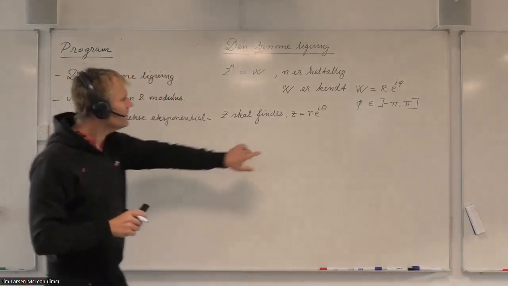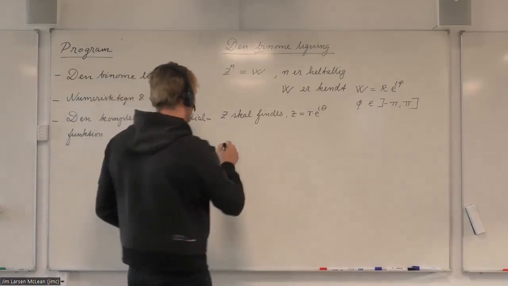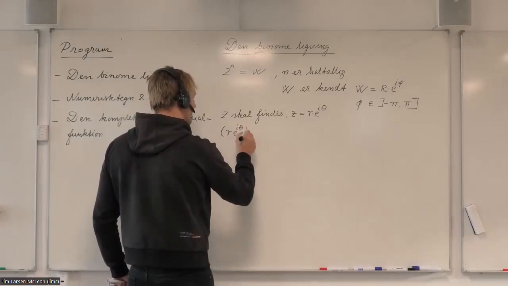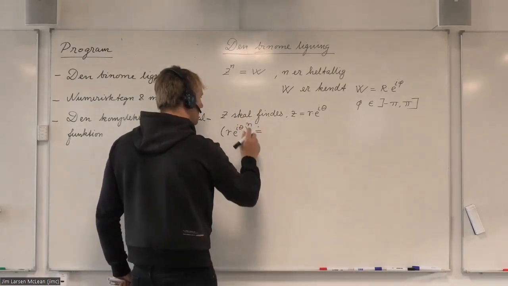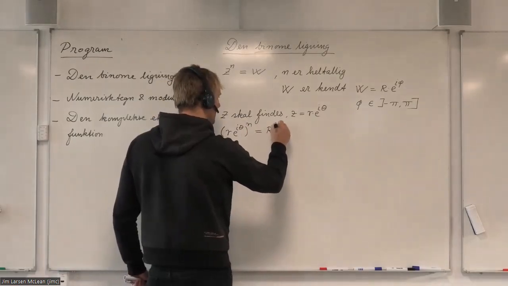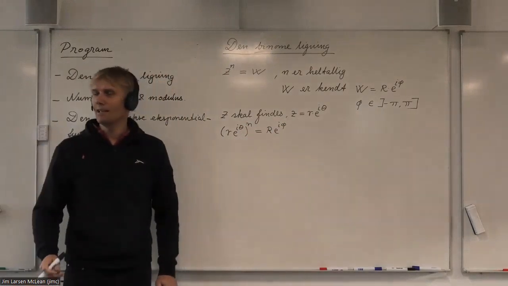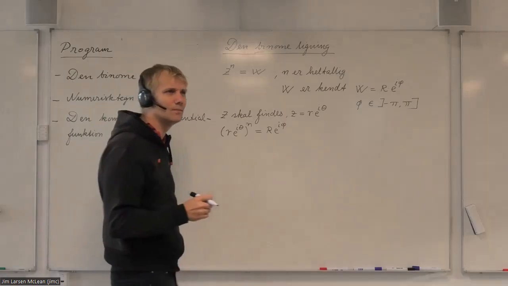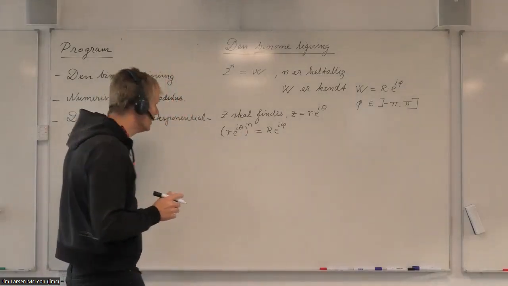Let's start by taking this expression for z and putting it into z's place. Then we get an expression that reads: parentheses, r, e to the i theta, all that raised to the n. It should equal w, but remember w was capital R, e to the power of i times phi. So the expansion that's coming up now looks very much like the one you've practiced for the square root. There's a slight difference, but it's not much. So if you can do the other, you're well on your way to doing this one too.